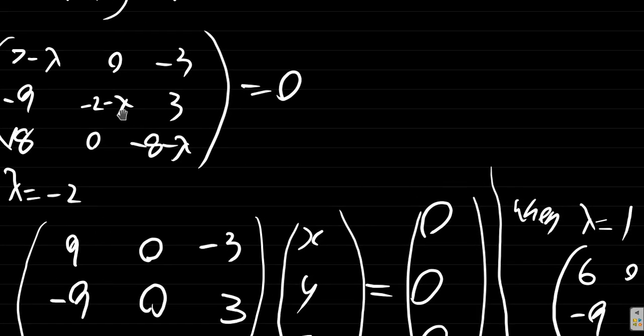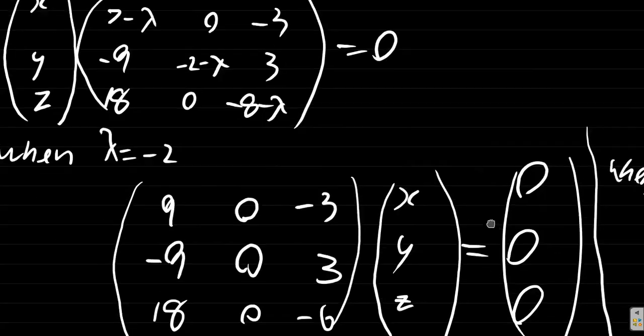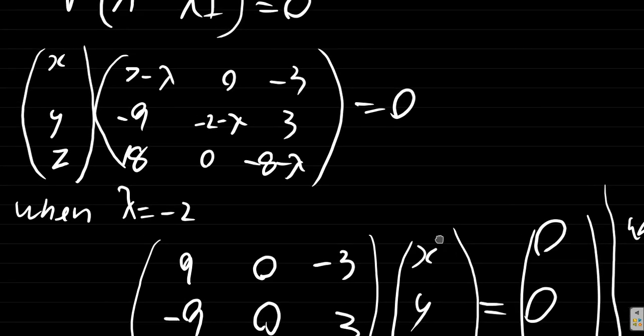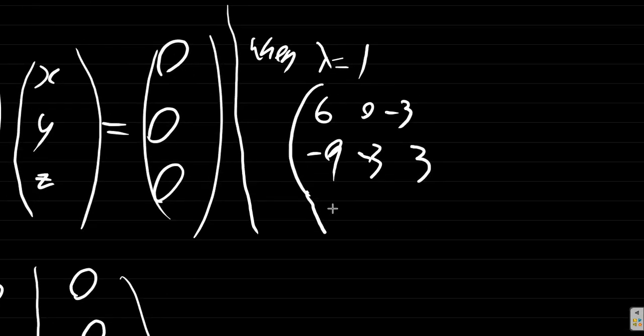Lambda is 1, so negative 2 minus 1 is negative 3 and then 3. And then in the third row, you're going to have 18, 0, negative 8 minus lambda. So it's 18, 0, negative 8 minus 1 is negative 9. So that's what you would have, all right?